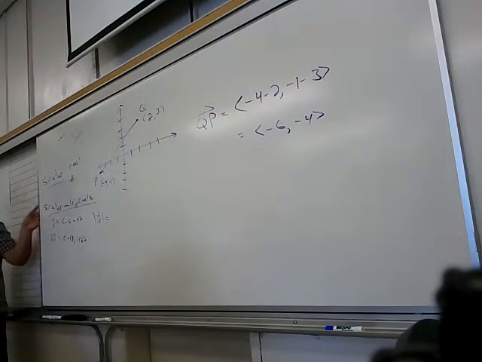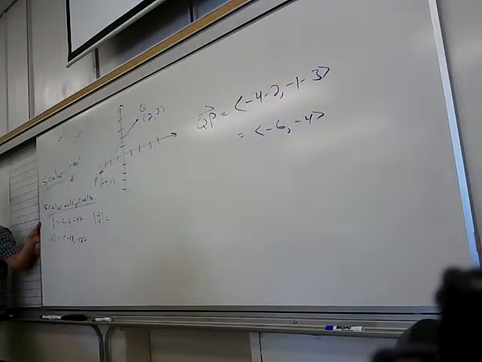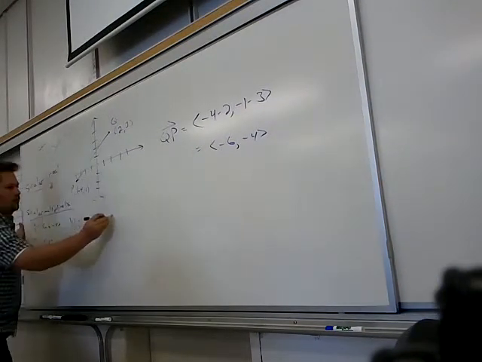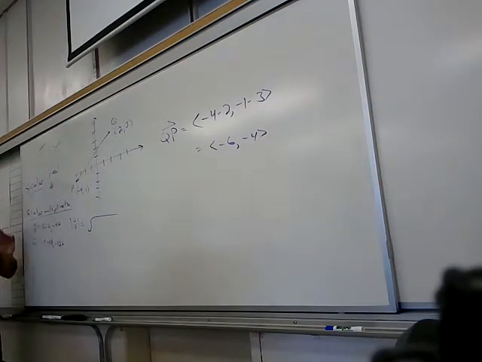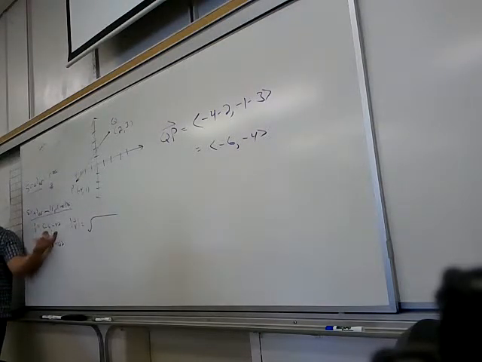Pythagorean theorem. Pythagorean theorem, right? Because it's really related to the distance formula. So it'd be the square root of. And let me make sure I'm not going too far here. When I write a vector like this, where is its tail? I mean, not the tail, but the beginning. The head's out somewhere, but the tail is at the origin.